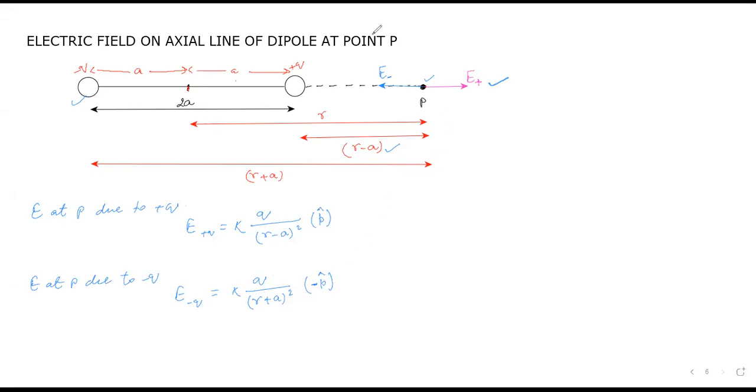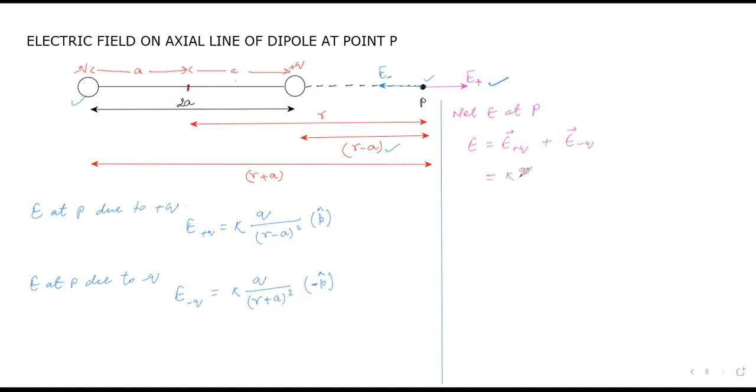Yes, sir. Okay. Now, what will be the net field at point P? So, the net field at P will be E is equal to E of plus Q plus E of minus Q. We are going to add them vectorially. What is the value of E of plus Q?